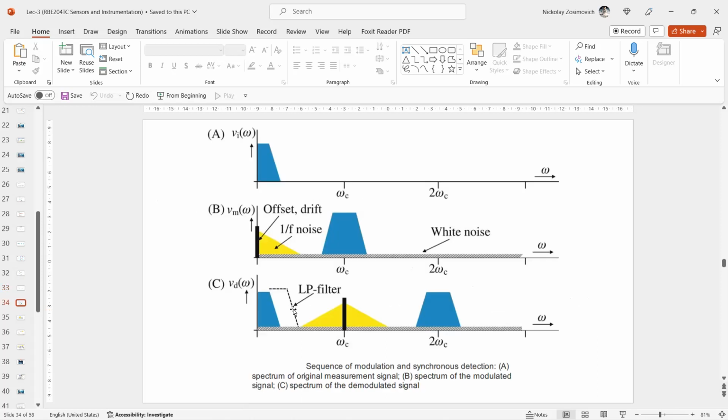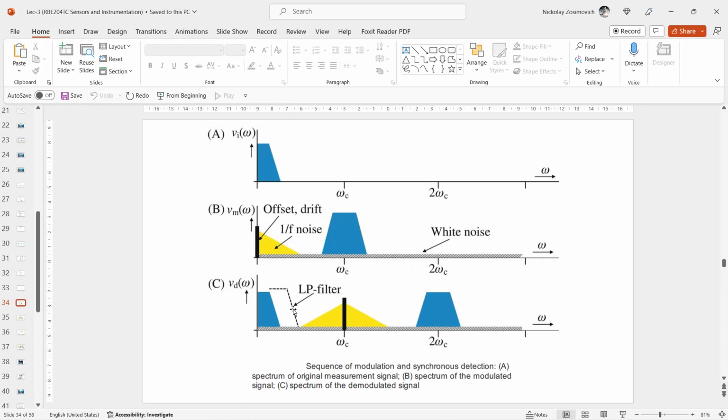And this figure reviews the whole measurement process in terms of frequency spectrum. The starting point is the low frequency narrow band measurement signal A. And this signal is modulated and subsequently amplified.